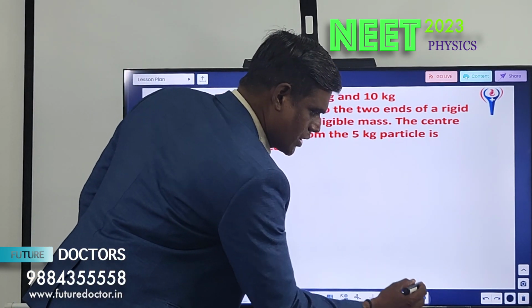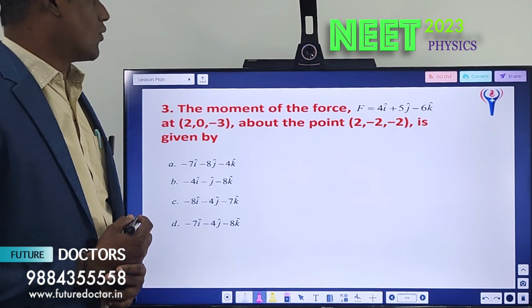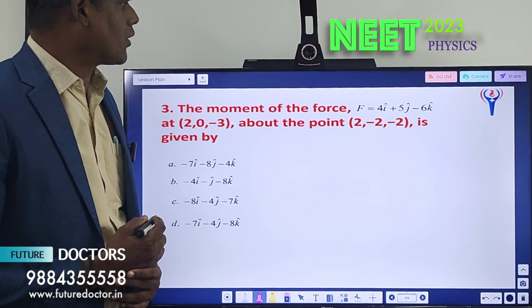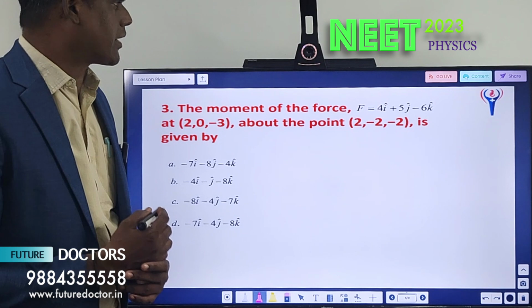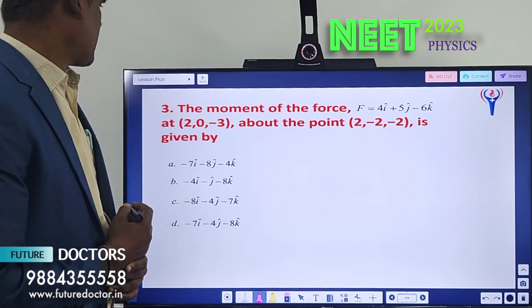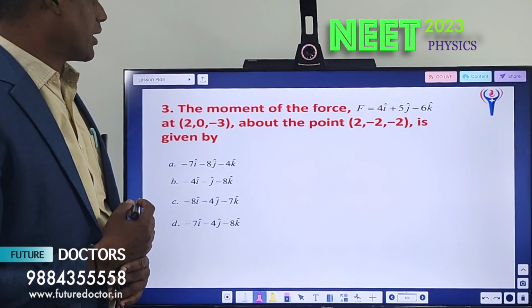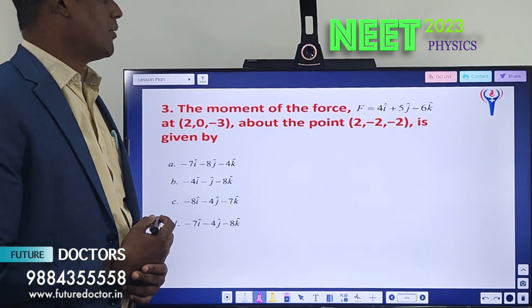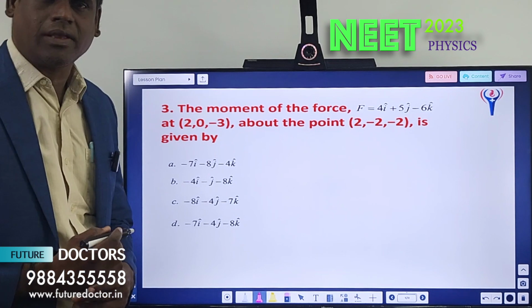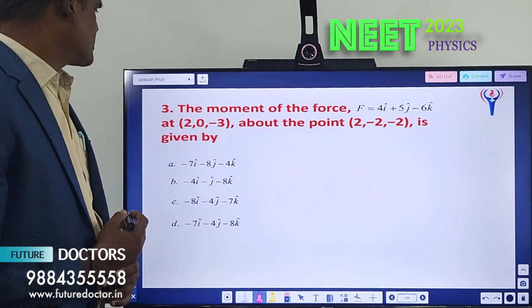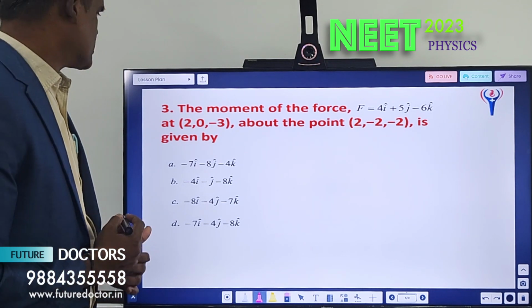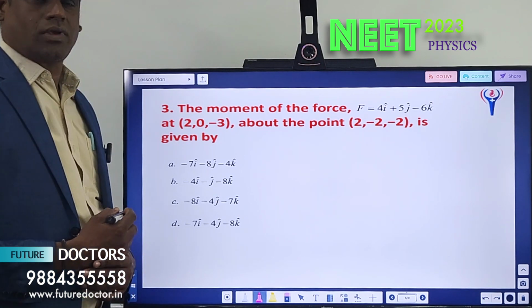Let's move to question number 3. The moment of the force F equal to 4 i cap plus 5 j cap minus 6 k cap at 2, 0, minus 3 about the point 2, minus 2, minus 2 is given by dash. Option A: minus 7 i cap minus 8 j cap minus 4 k cap.